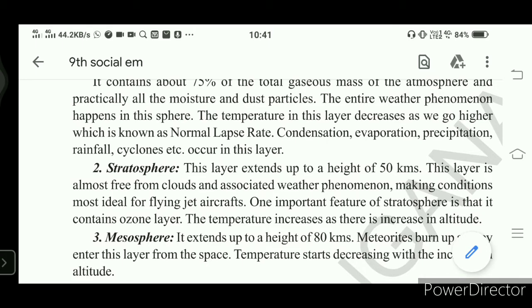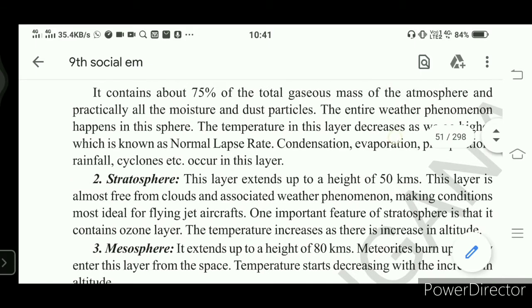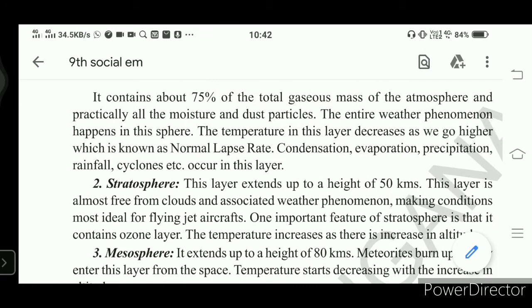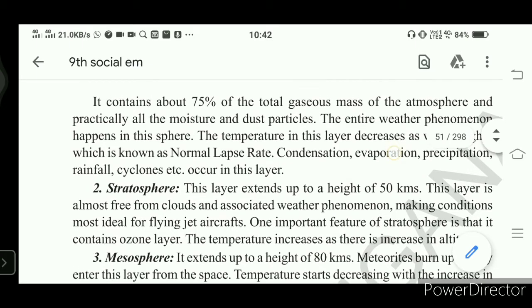So with the insolation, the earth becomes heated. The heated earth releases its heat into the air, which we call earth radiation or terrestrial radiation. And this terrestrial radiation will heat the layers of the atmosphere.